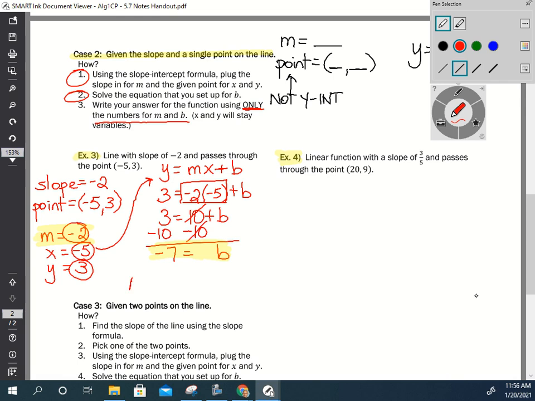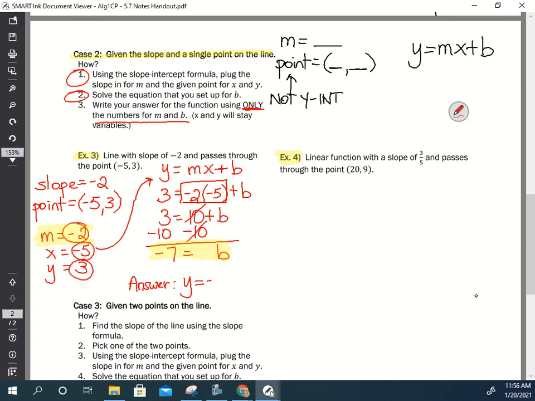So that means your answer is y equals negative 2x minus 7.